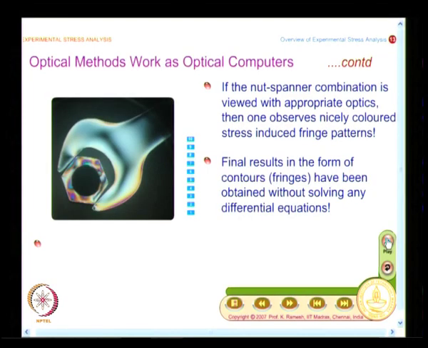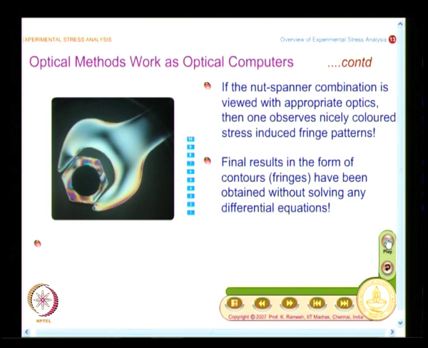And the results in the form of contours have been obtained without solving a differential equation, because the effort I have done is to make the model of the spanner as well as the nut, and then put it in appropriate optics and reveal the pattern.